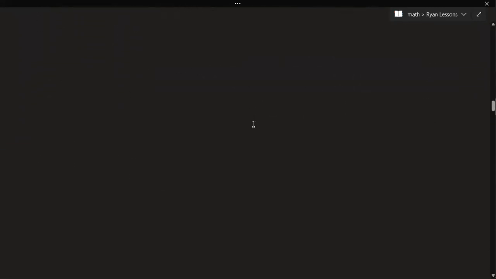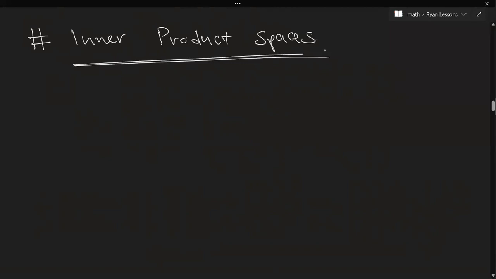So now we are moving on to another new concept in linear algebra, which is the concept of inner product spaces.